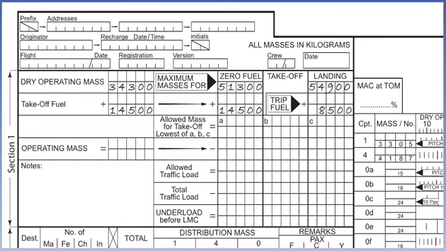We can now calculate the three potential takeoff masses, and the lowest of these is the allowed mass for takeoff, A, B or C. The value at A is obtained when the required fuel, 14,500 kilograms, is added to the maximum zero fuel mass, 51,300 kilograms, to give 65,800 kilograms.